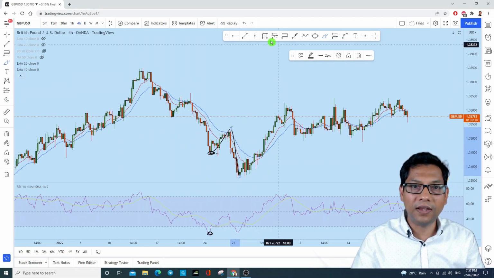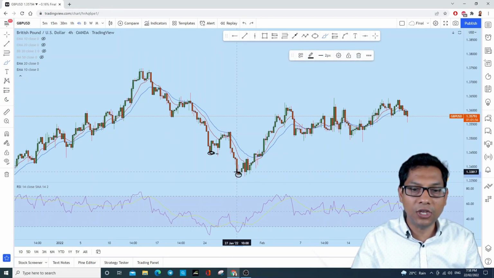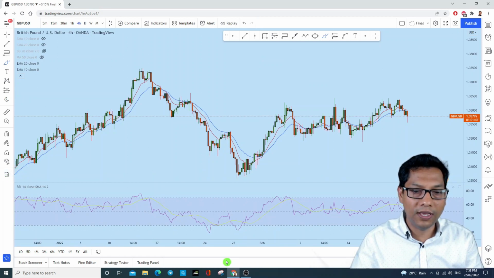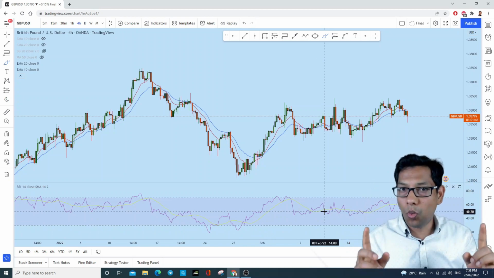here, but RSI failed to create a new low. There is a sharp move to the downside that created a new lower low, but for the same point, RSI failed to create a new lower low. It's a clearly defined divergence. This is one condition.